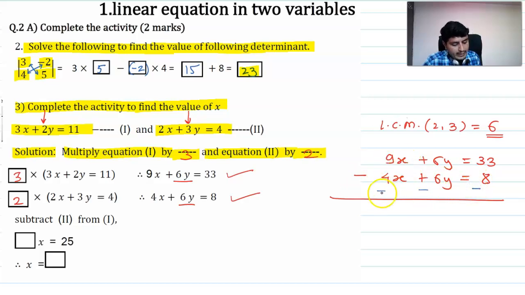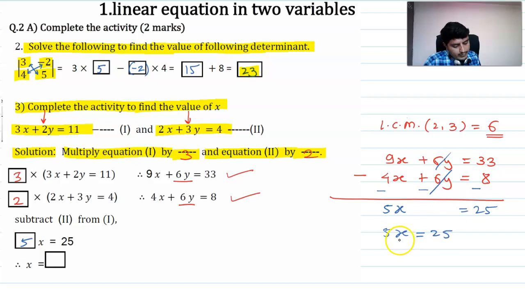Now 9x minus 4x, we are getting 5x. 6y minus 6y gives us a 0, or gets cancelled. 33 minus 8, we have 25. That means we are getting now the linear equation in one variable, that is 5 times x is equal to 25.